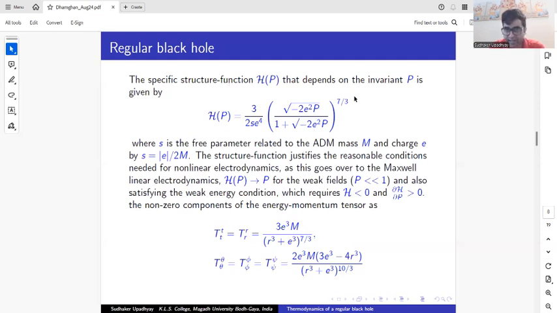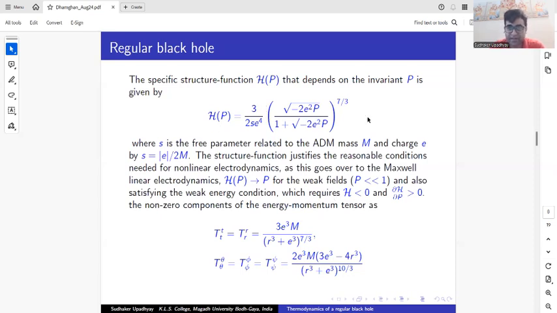You can see this is linear and this is non-linear, and the choice of this expression is made keeping in mind that it goes over to Maxwell electrodynamics in the weak field limit, and it satisfies the weak energy condition as well when required.